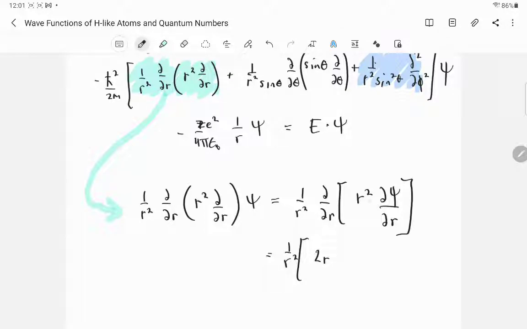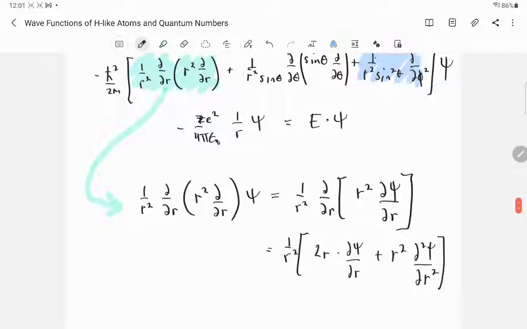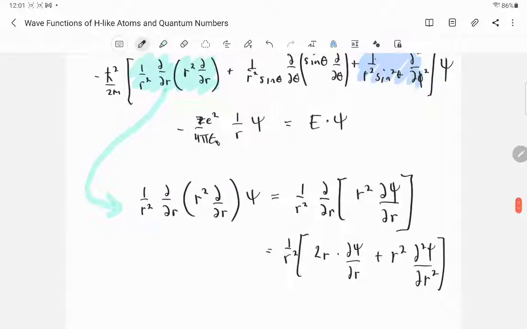So d by dr of r is 1, so it multiplies d psi by dr. But there's a second term where the derivative skips the first factor and hits the second factor. So it's plus r squared d squared psi by dr squared, right? And then you can imagine multiplying the 1 over r squared through, and I think you can see how this works.